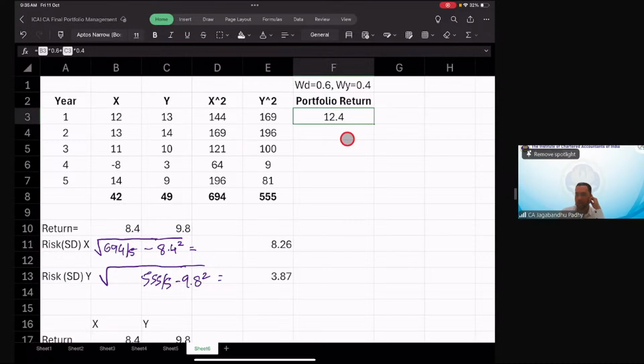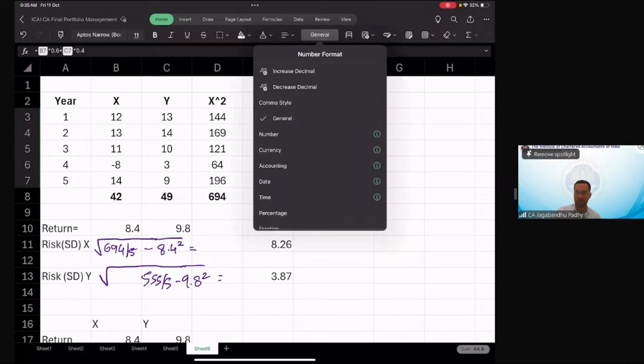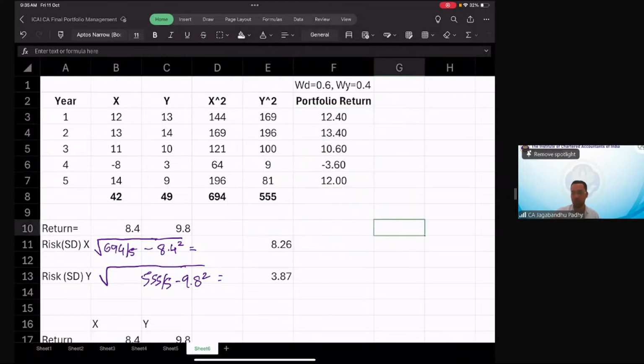So I'm getting a portfolio return of 12.4. Same way, I can get the portfolio return for all the respective years also. These are the portfolio returns which we would have earned if we had created a portfolio 5 years back.